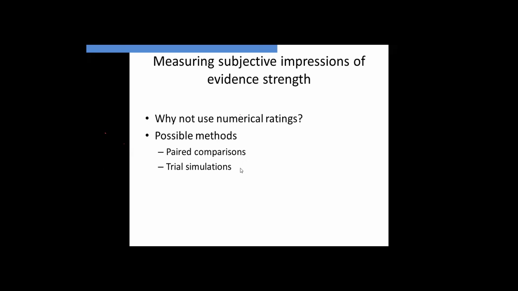The other thing is you can measure the strength of evidence in the context of a trial simulation. You can look at how much weight people give to the evidence by looking at how much it changes their perceptions of the guilt of a suspect or the probability that items have the same source in a broader context. So those are the two methods that are used.